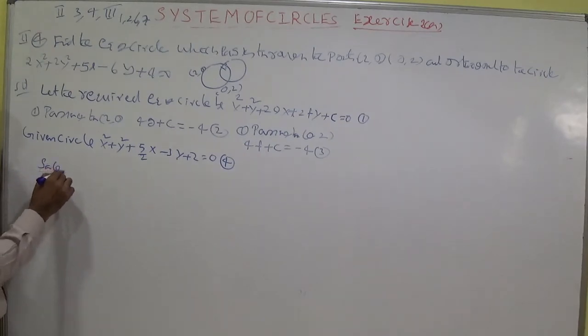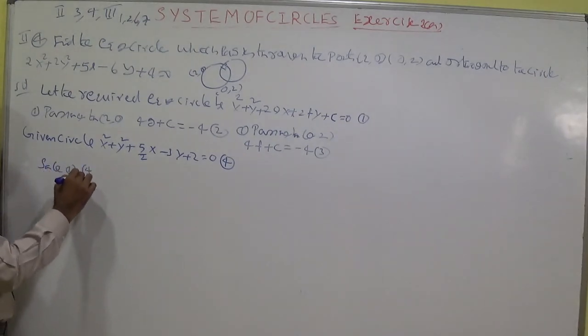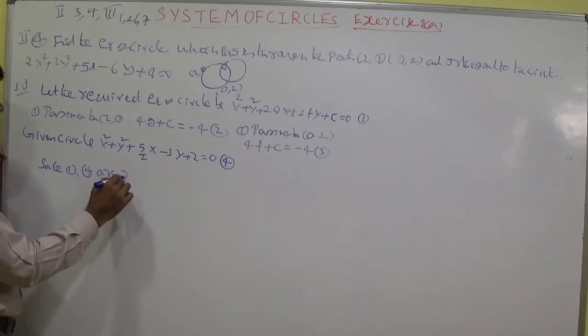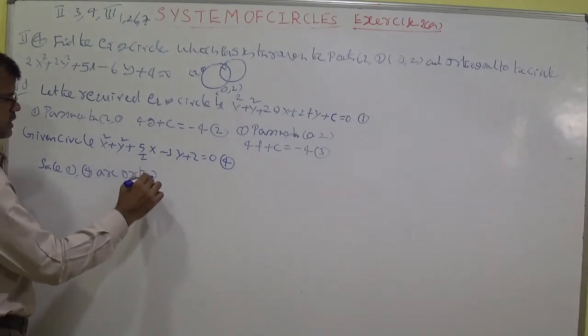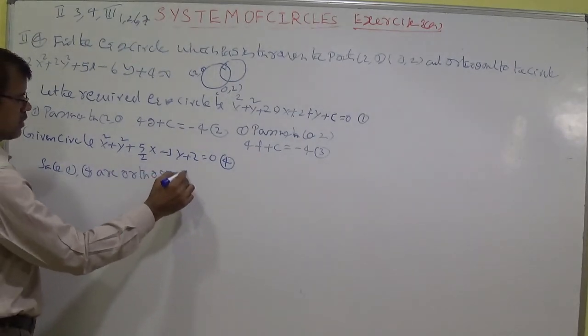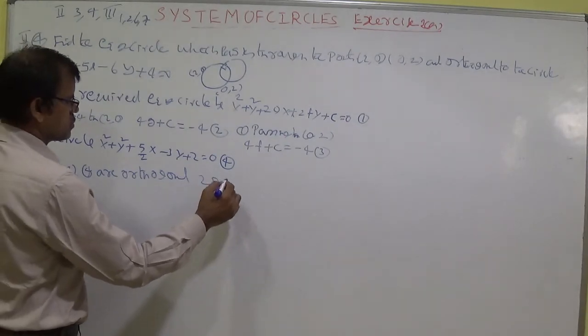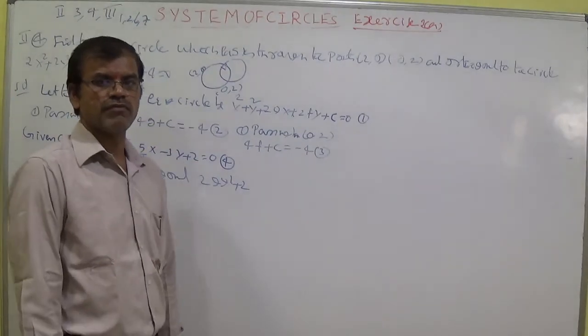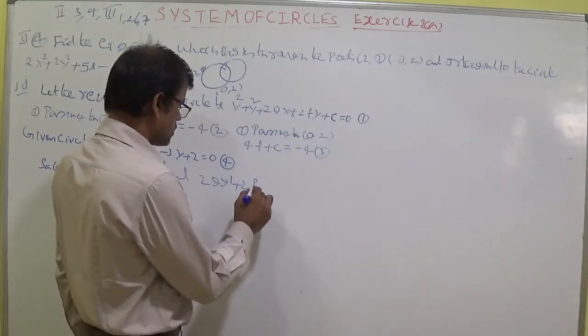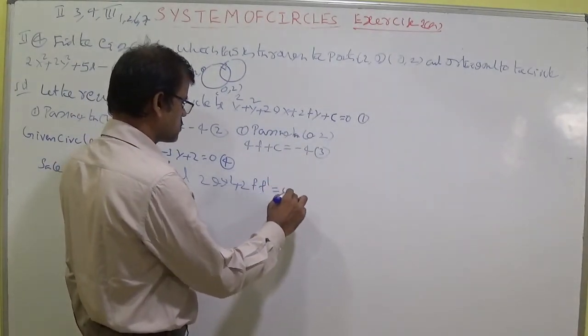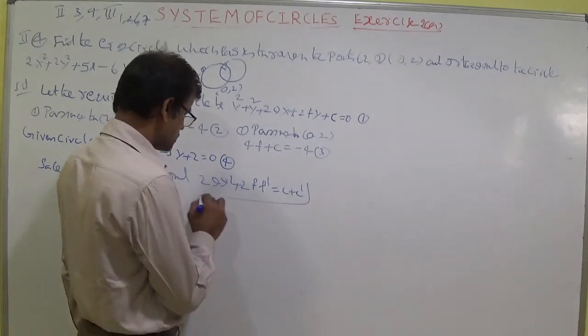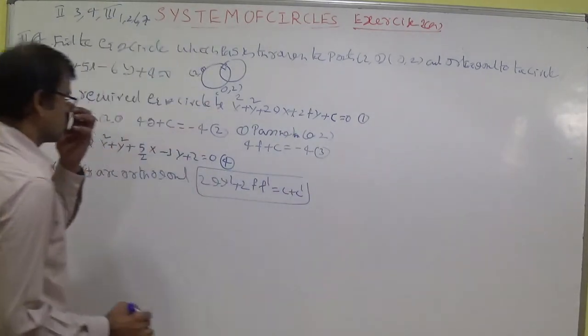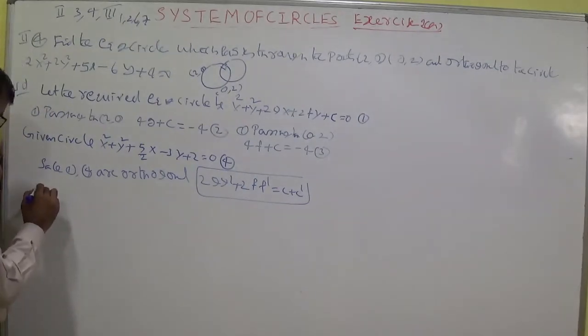Since 1 and 4 are orthogonal, first circle and fourth circle are orthogonal. So using the formula 2gg dash plus 2ff dash equal to c plus c dash. What is 2g? 2g means simply 2g.